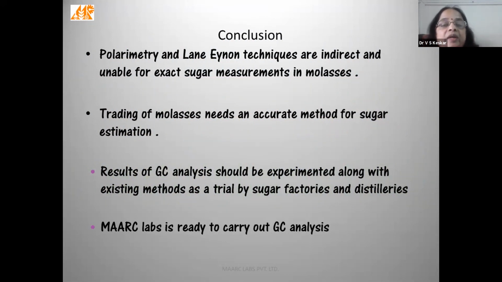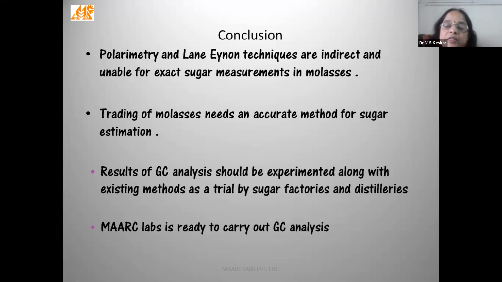I will conclude here. Polarimetry and Lane-Eynon techniques are indirect and unable to give exact sugar measurements in molasses. Trading of molasses needs an accurate method for sugar estimation. The result of gas chromatography analysis should be experimented with.